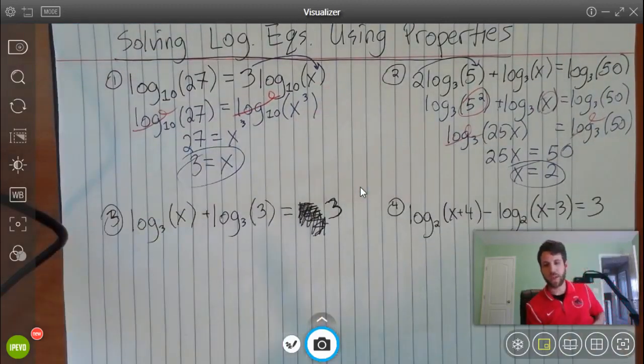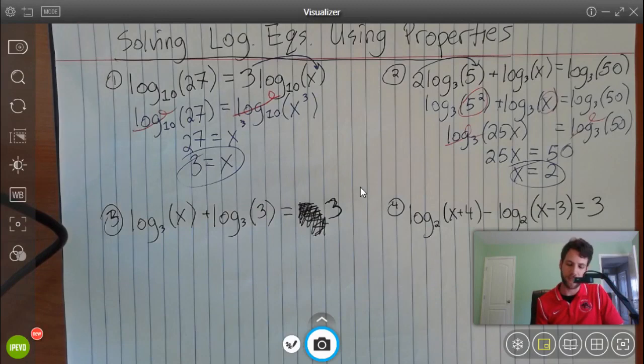So in both of those, we figured out that we can make it a logarithm equaling a logarithm. Now we're looking at two problems where you're going to have it equal to a number instead.